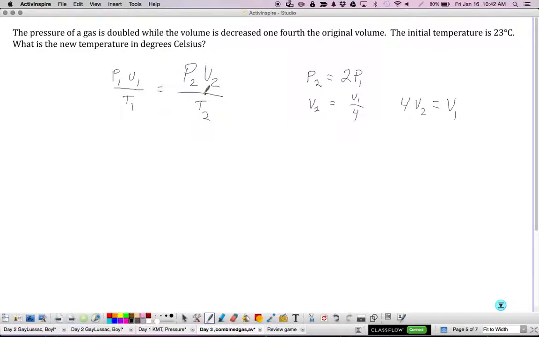Okay, now I'm trying to find T2. So I'm going to cross multiply, okay? So I'll get P1 V1 T2 equals P2 V2 T1. Okay, and then I'm going to divide, because I'm trying to isolate T2 by itself. I'm going to divide both sides by P1 V1.